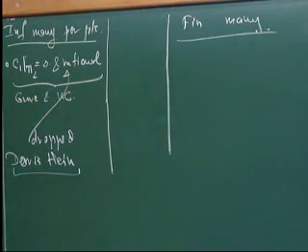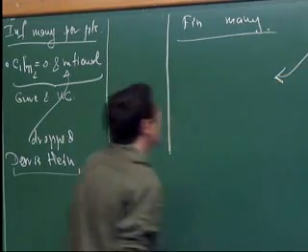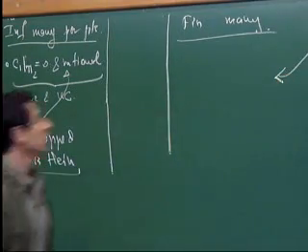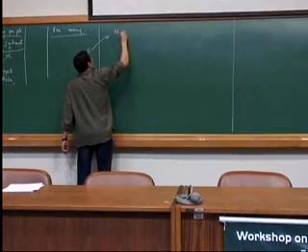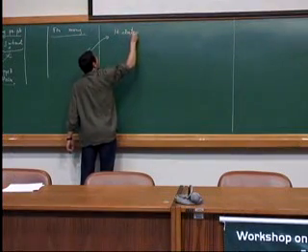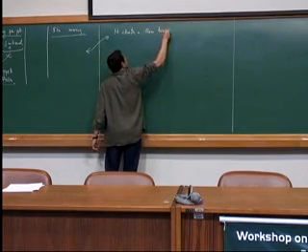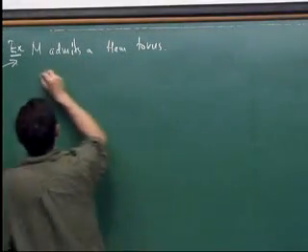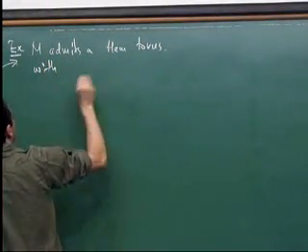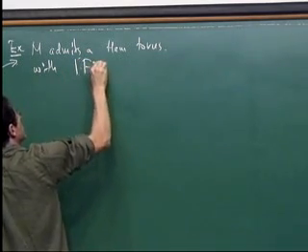Let me describe one source of such diffeomorphisms. So let's say M admits a Hamiltonian torus action, with finitely many fixed points.